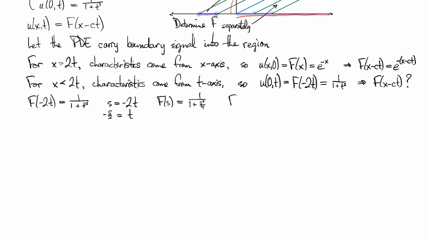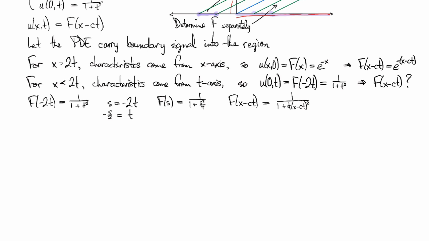And so f of x minus ct is going to be 1 over 1 plus 1/4 of the quantity x minus ct, squared. Okay, so that's what we have for the second part.